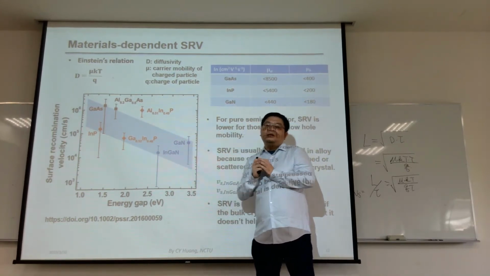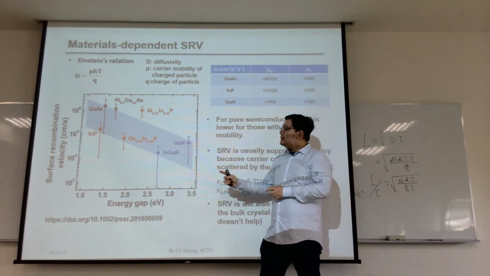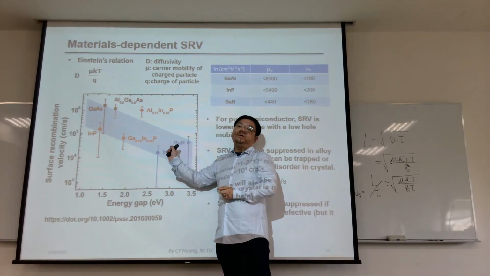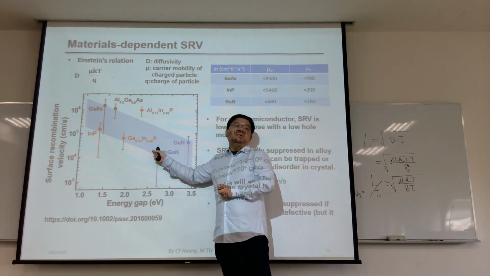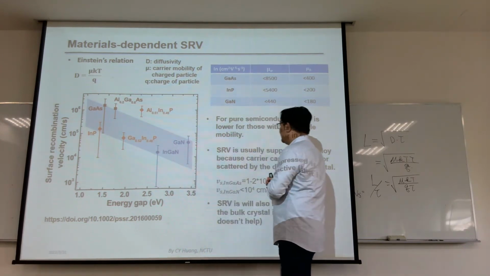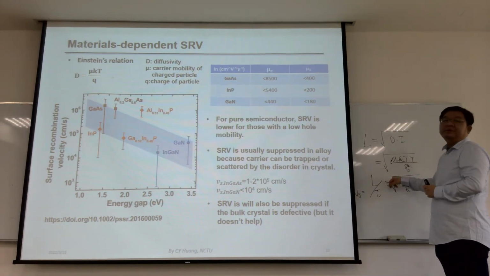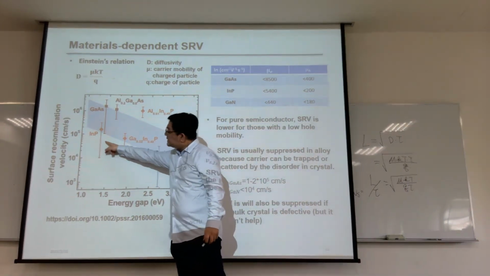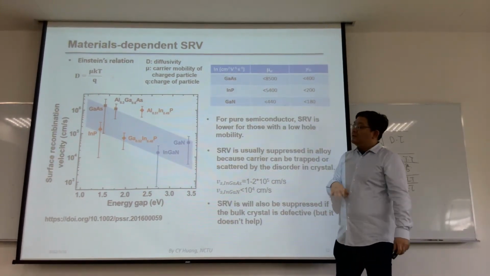No, there's some kind of randomness between them. That randomness also lowers the carrier mobility due to alloy scattering, so the mu is further reduced. So InGaN has an even lower surface recombination rate than GaN.